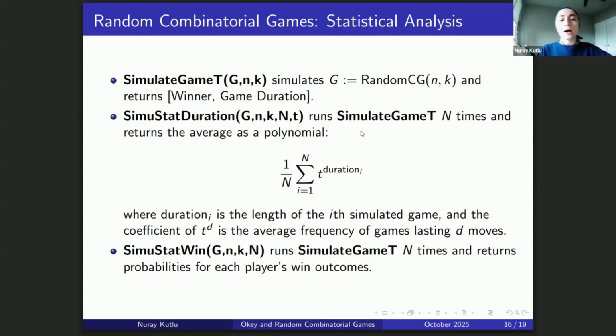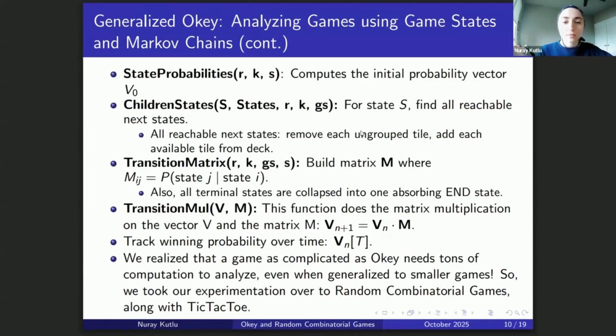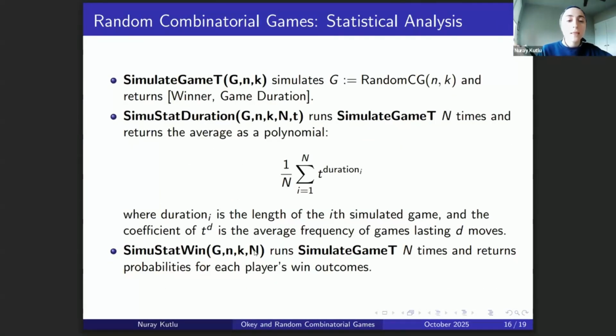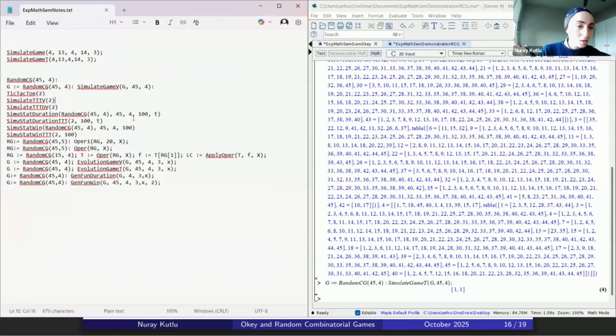So duration sub i is the length of the ith simulated game, and the coefficient is the average frequency of games that lasted d many moves. And simustat win runs simulate game t n times again and returns probabilities for each player's win outcomes, basically. So let's go ahead and simulate those as well.